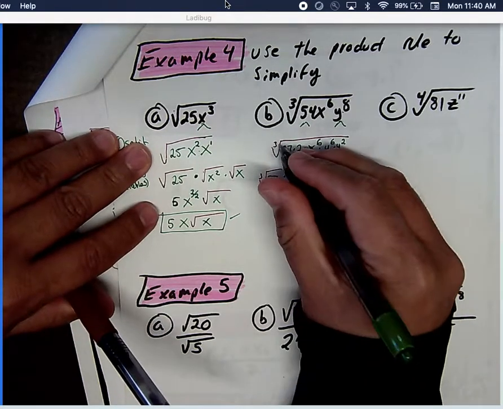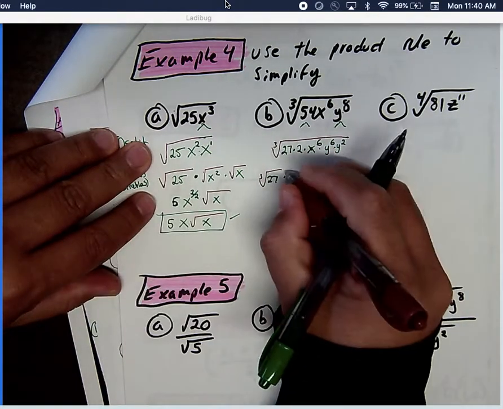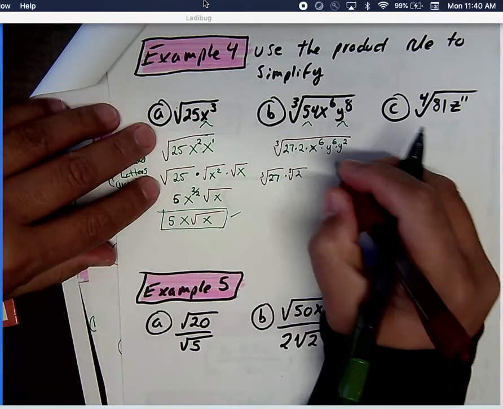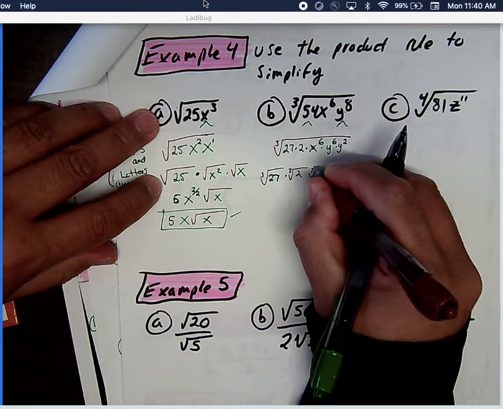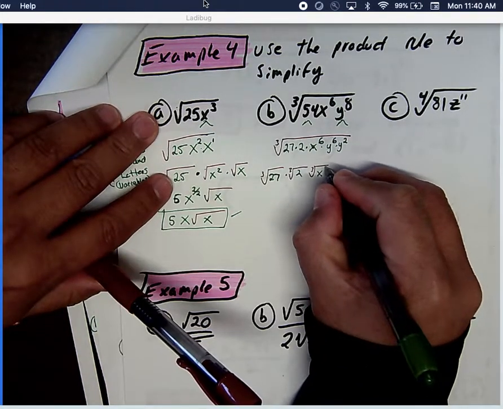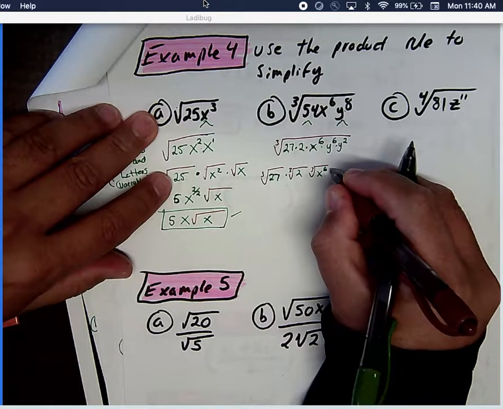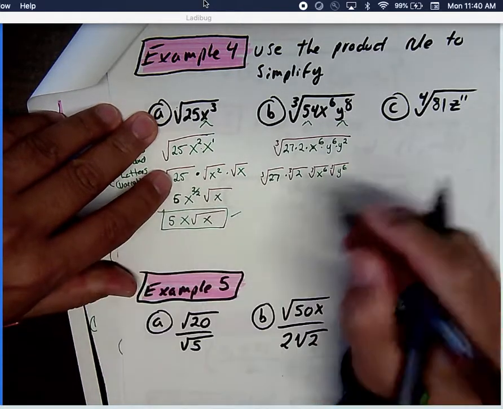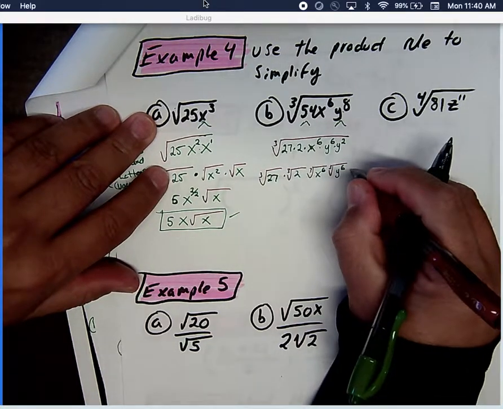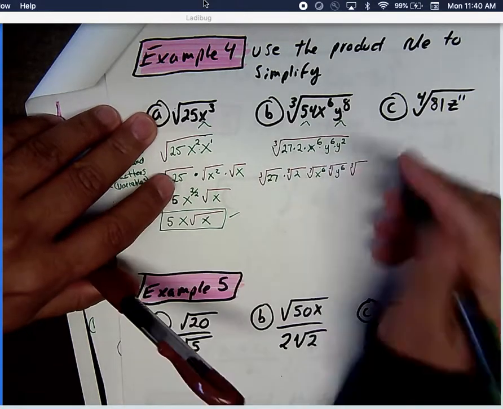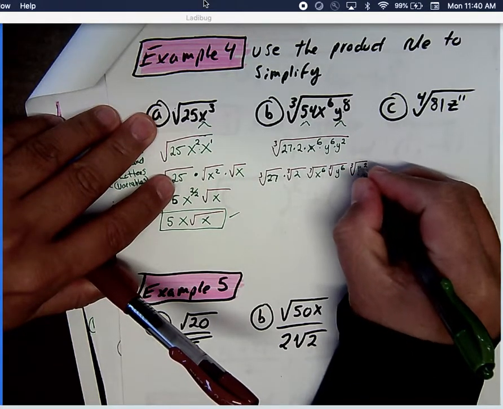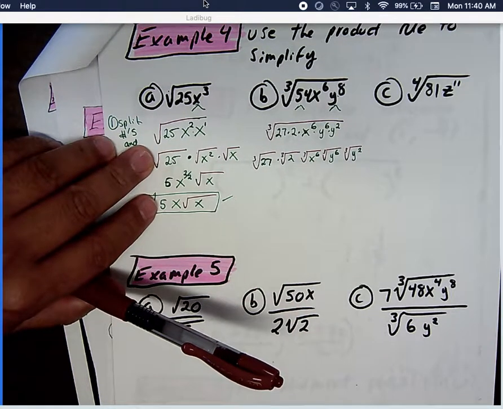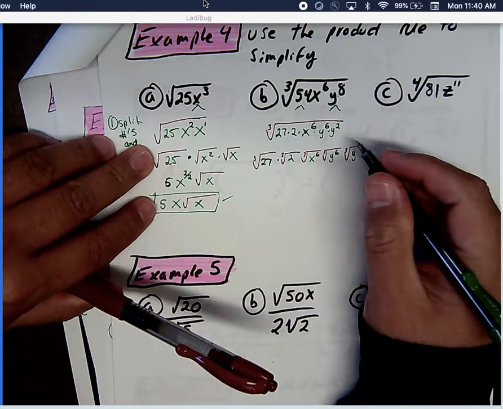Times, so cube root of 27, and then you have the cube root of 2, and then you have the cube roots of x to the 6, and then you have the cube roots of y to the 6, and then you have the cube roots of y square right there. So I just apply that rule, the product rule for radicals.